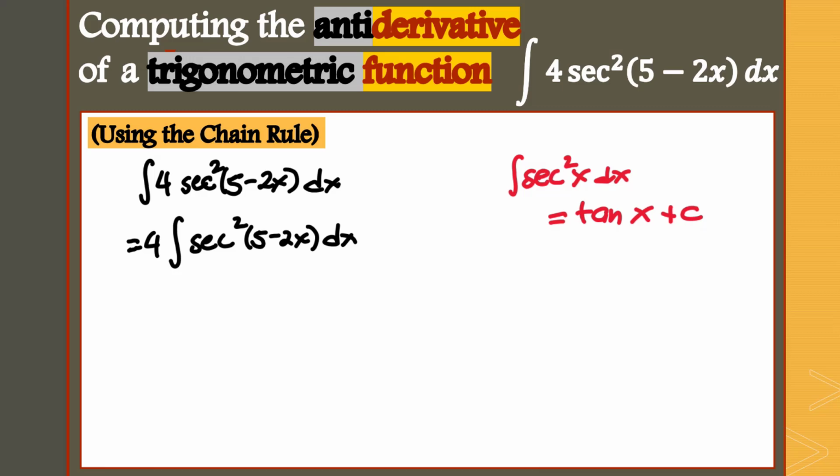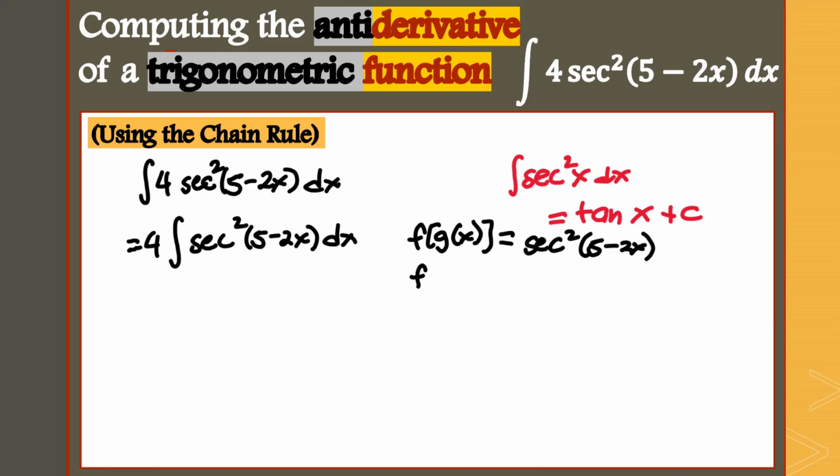Now, this is to be used later on once we have identified all the necessary inputs for our chain rule. As mentioned, we have here our composite function, the square of secant of 5 minus 2x.